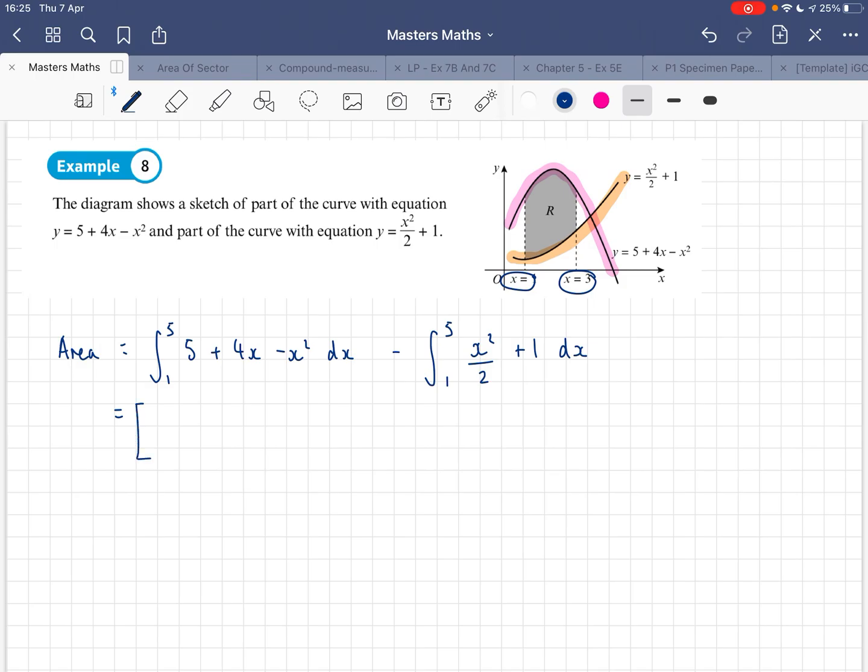Okay, so integrate it, and we get 5x plus 4x squared over 2, which is just 2x squared, minus x cubed over 3. We're evaluating that between 5 and 1. And then when we integrate that, we get x cubed over 2 divided by 3 gives us x cubed over 6 plus x. And again, we're evaluating that between 5 and 1.